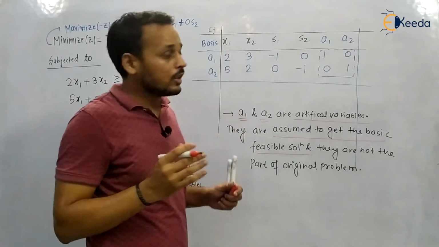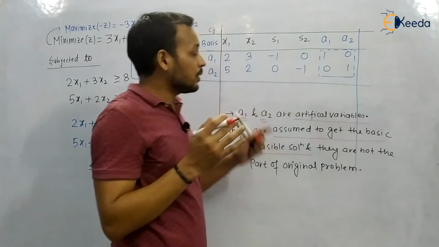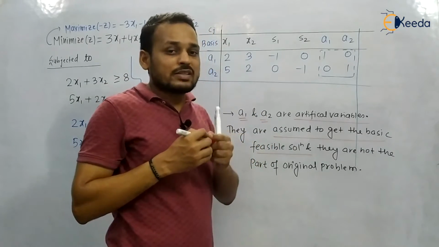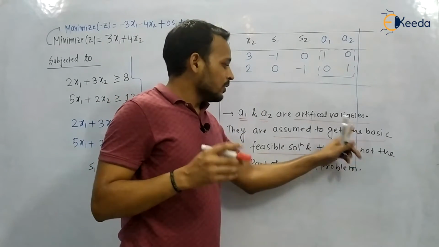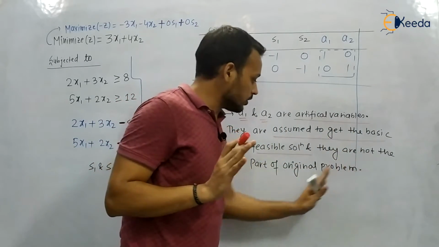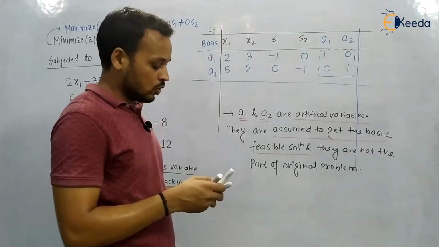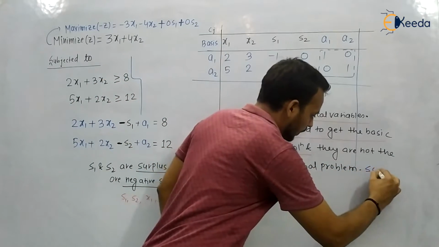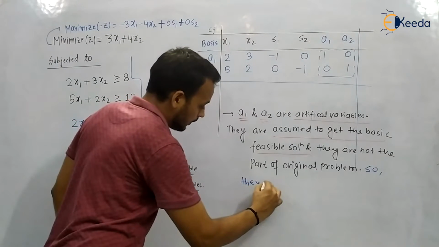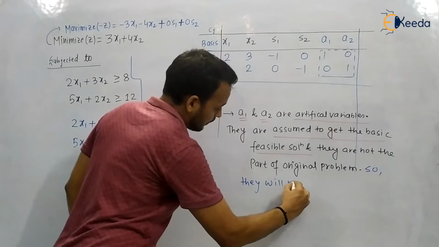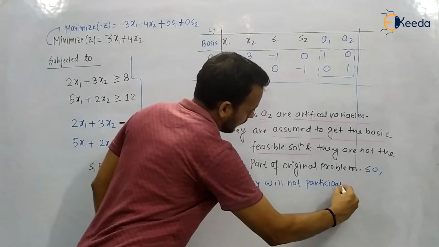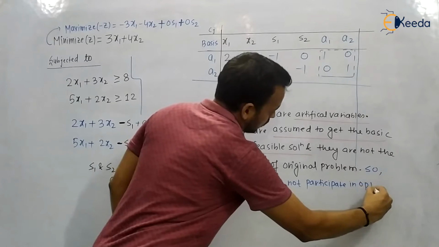We are assuming them to make the identity matrix, otherwise we will not be able to form the basic variables. To get the initial basic feasible solution, they have been assumed; they are not part of the original problem, so they will not participate in the optimal solution.